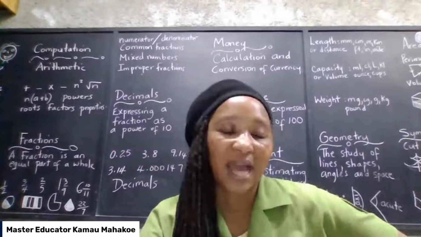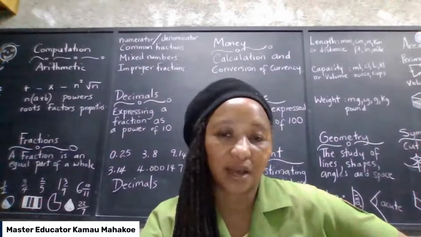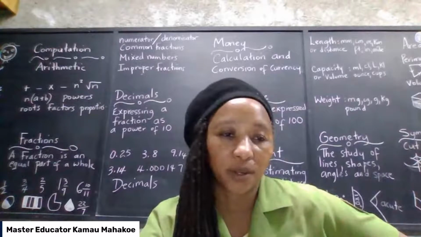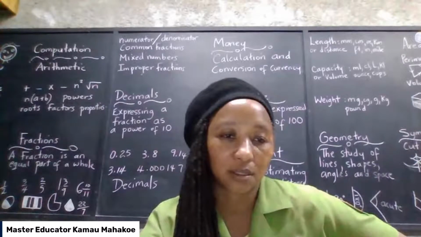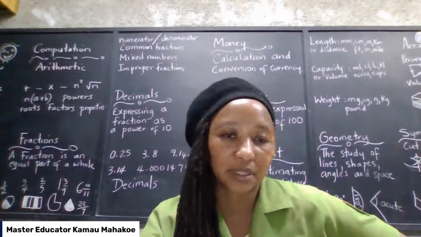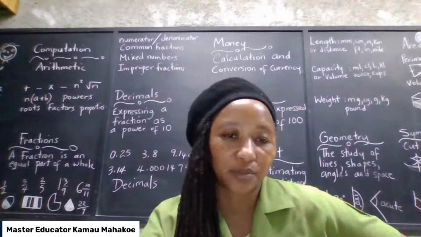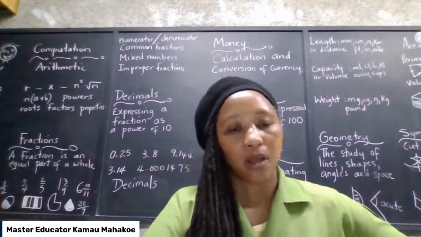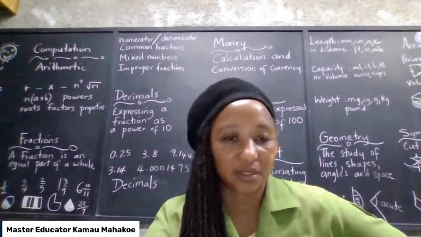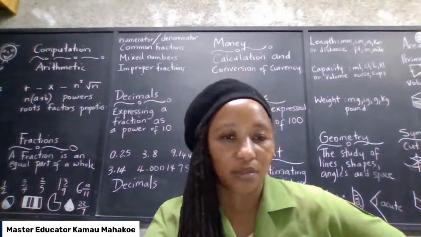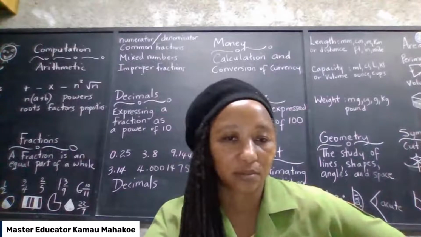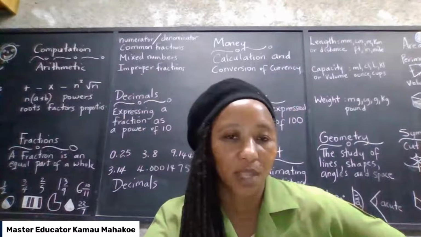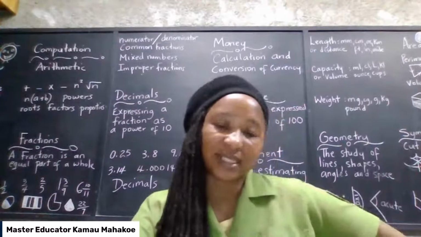So at the end, the simple interest would be 1,000 times 10 times 3, and this gives 300. So $300 is the simple interest.